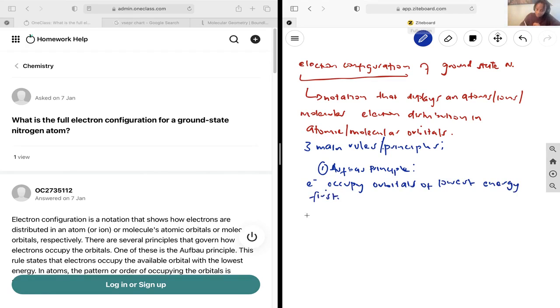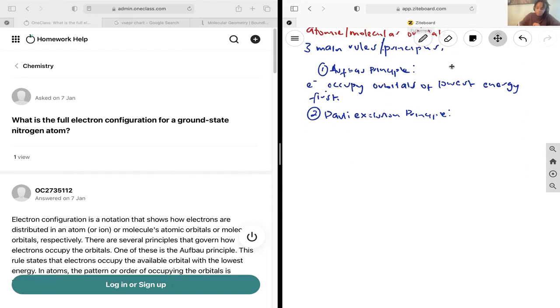The second principle is the Pauli exclusion principle. That one simply states that no two electrons can have the same four quantum numbers.